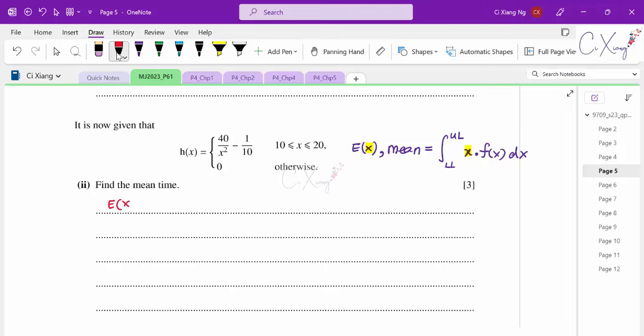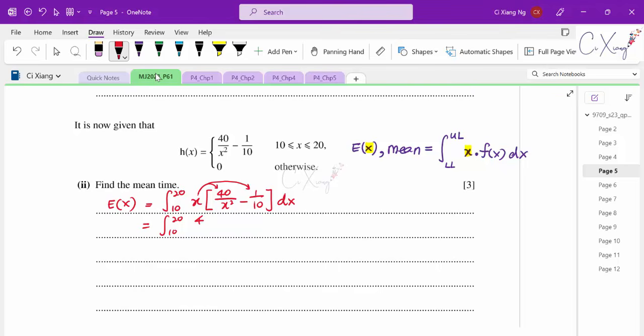To get the mean time, basically I need to integrate from 10 until 20, multiplying the x into the function h(x). Before I can apply the integration, of course, I need to multiply the x inside the function, right?